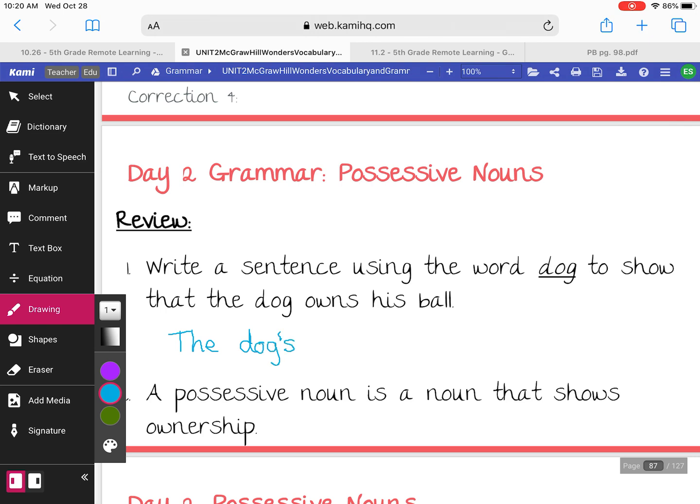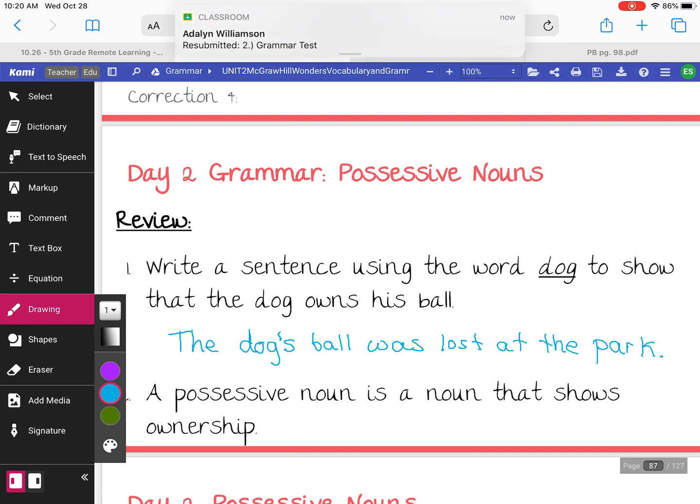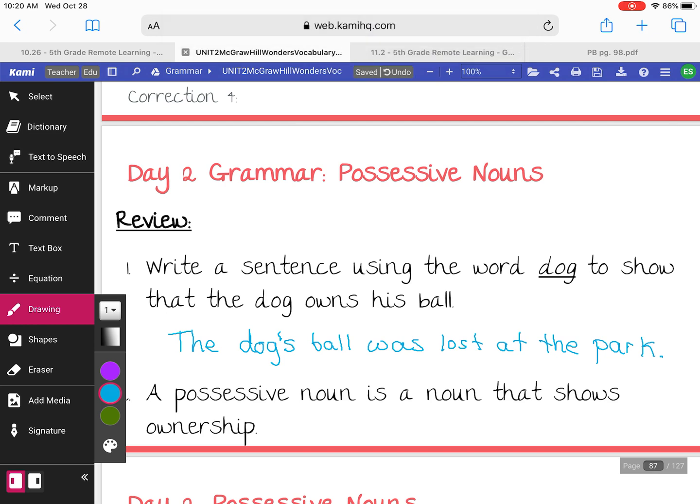So it's dog's ball was lost at the park. If you have dog, apostrophe S, and then ball right next to it, give yourself a thumbs up and let your teacher know you got it right.